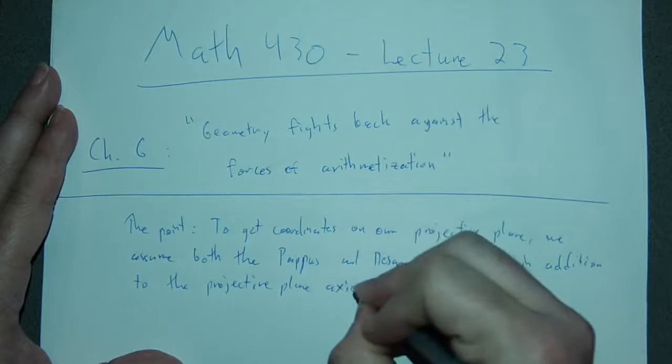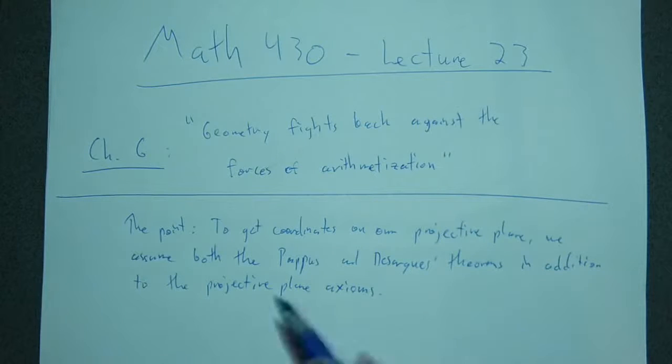It turns out we only need one of these. We could assume either the Pappus theorem or the Desargues theorem and get the other. But we're not even going to worry about that. We're just going to assume both of them, because they're both useful. Of course, we're still calling them theorems here because in the other instances in which you saw them in this course, they were honest-to-God theorems in the sense that we proved them from some assumptions.